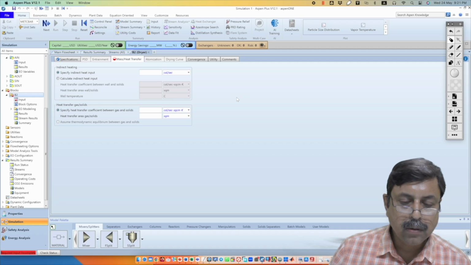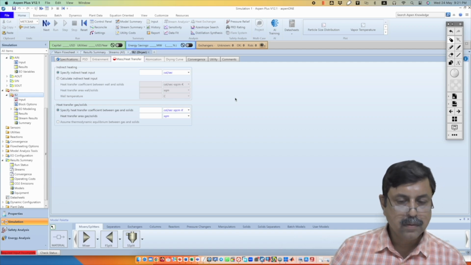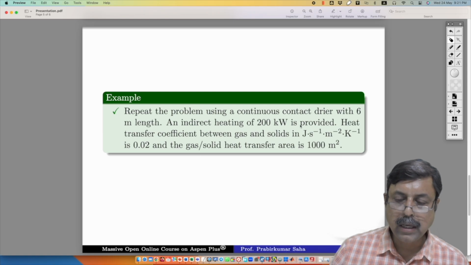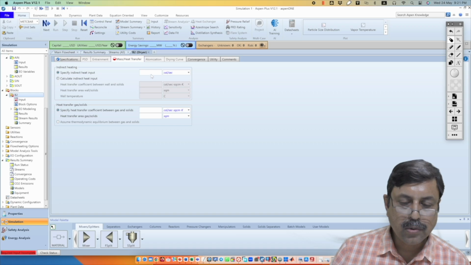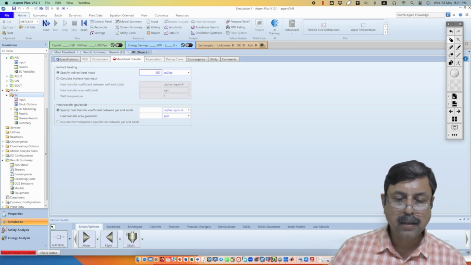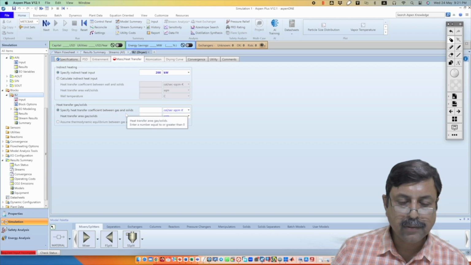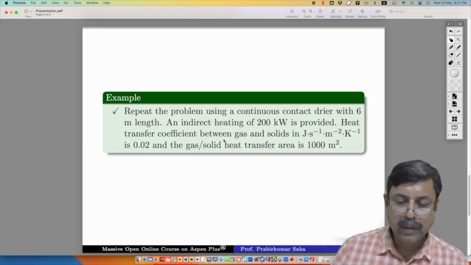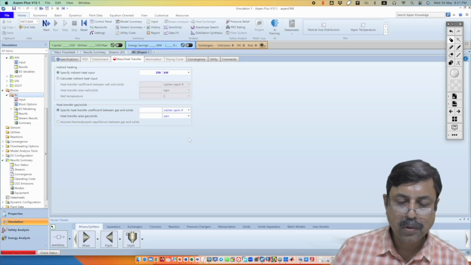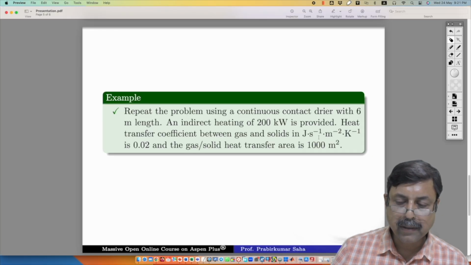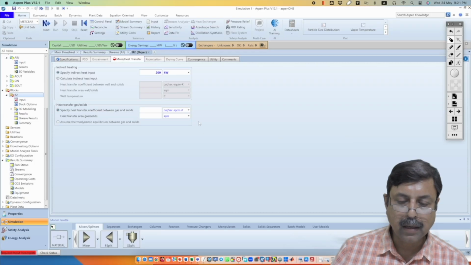So 200 kilowatt indirect heating is provided. Here, 200 kilowatt indirect heating, and specify the heat transfer coefficient between gas and solids, which is 0.02 joules per second per meter square per Kelvin.